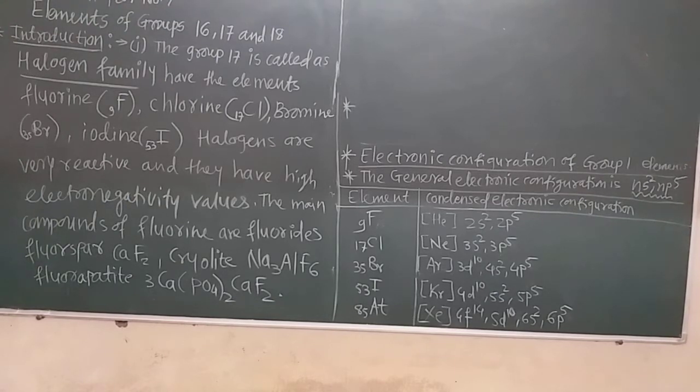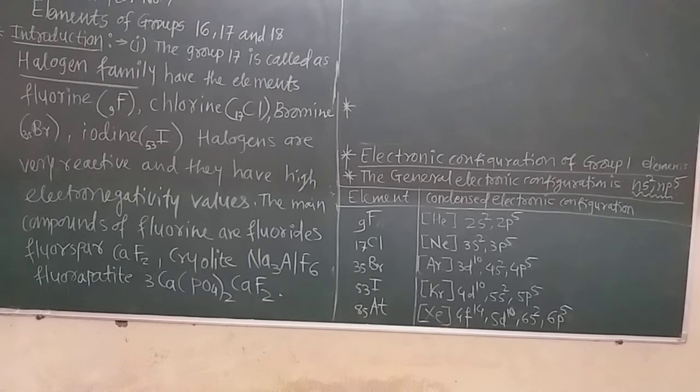So they are very reactive. When they come in contact with any element, they react with that element because they have to complete their octet and attain the electronic configuration of the inert gases for stability.